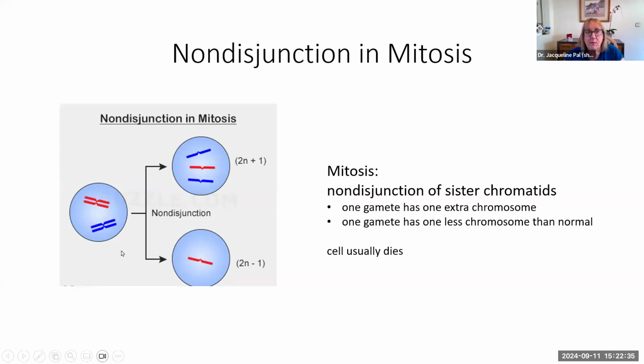And this happens because when the sister chromosomes are lined up in the middle in metaphase, when they separate in anaphase, the sister chromatids do not separate. And the thing about this is it's not happening in our gametes. So this is happening for our somatic cells, which is responsible for growth and development. And so the cells usually die here.